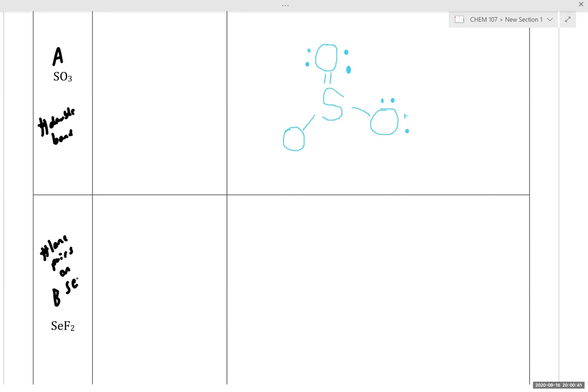And just remember to only form a double or triple bond if you run out of electrons.